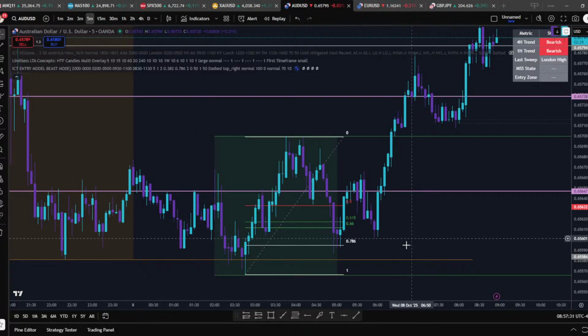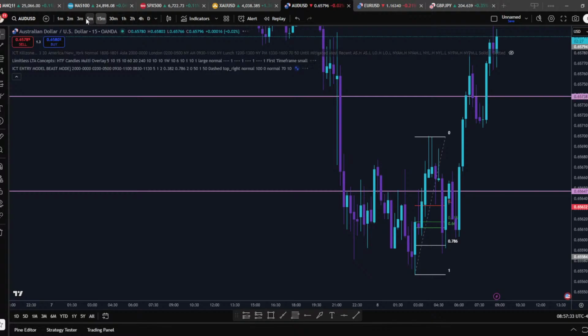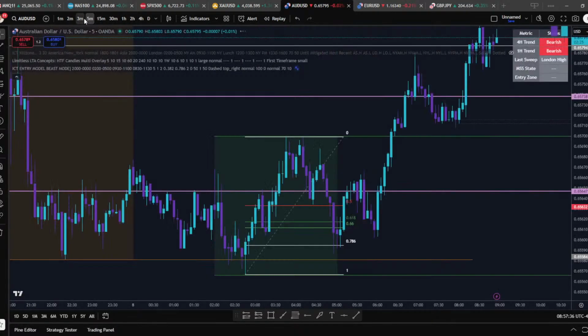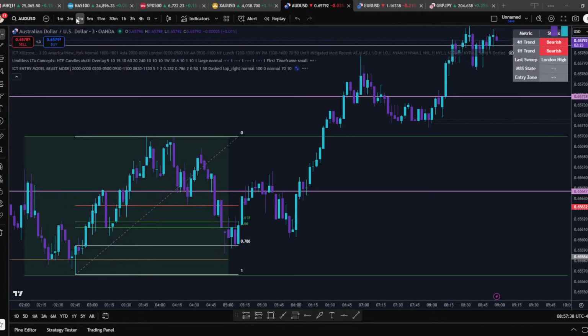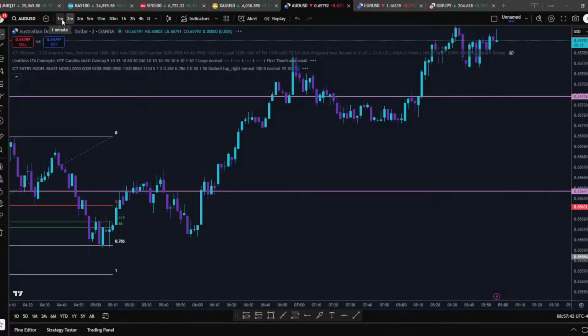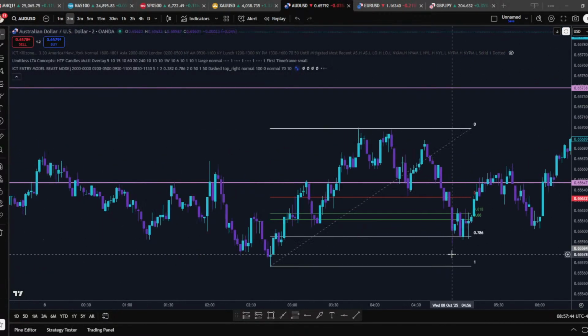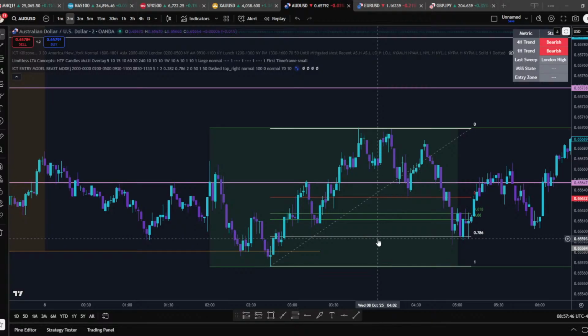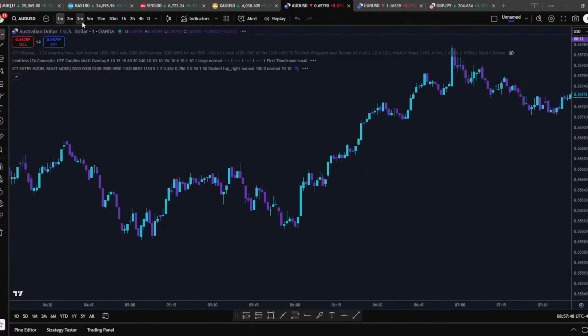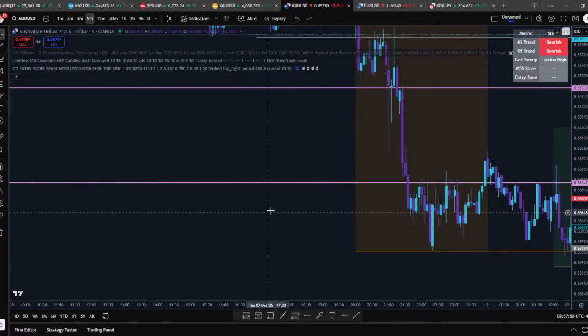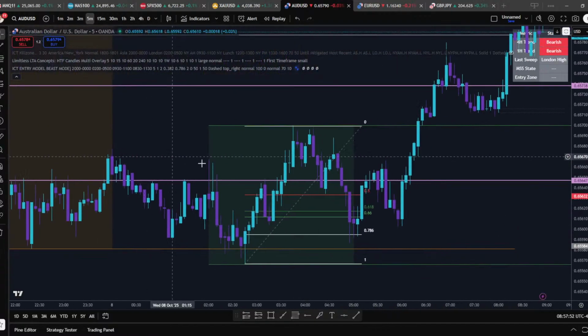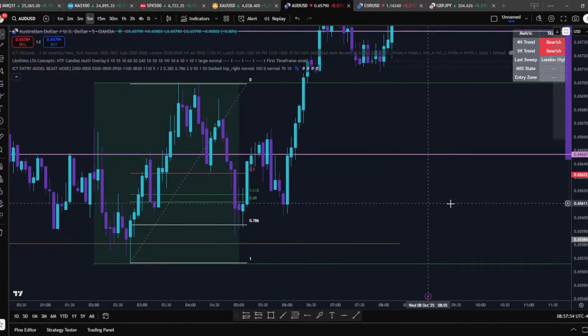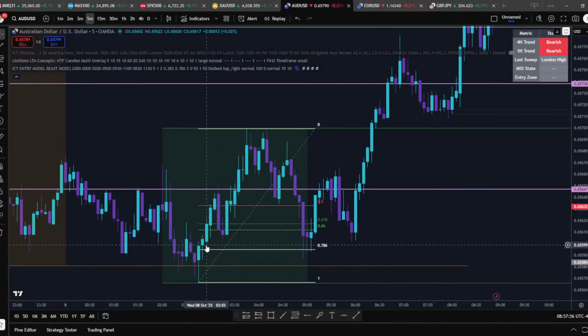And the answer is, let's first look on the 15. Nope. Let's look on the 3. Okay, almost. Let's look at the 2. So the smaller time frames, you could maybe get away with it, but the difference that we've just spoken about is the fact that there's no fair value gap here that it's delivering from.